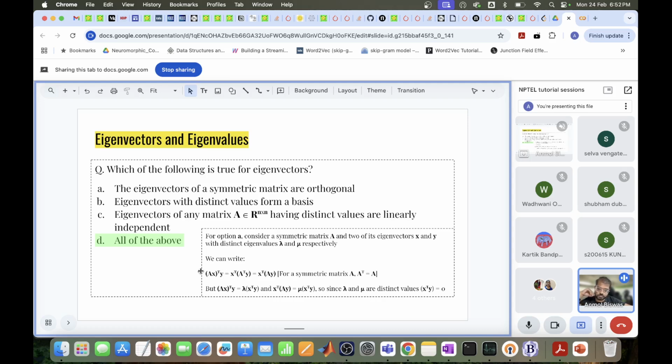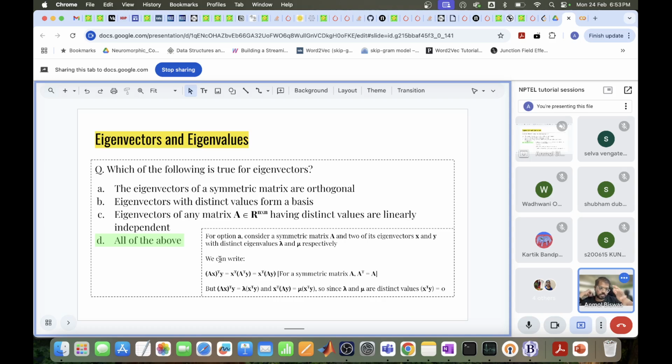Then we can write, using a little bit of matrix trickery, (Ax) transpose y is equal to x transpose A transpose y, right? So here we are taking the transpose operation inside the bracket.